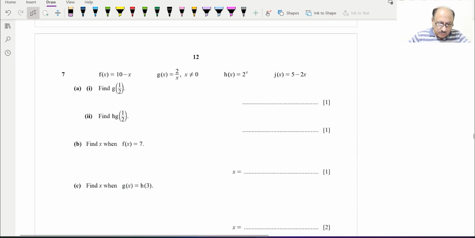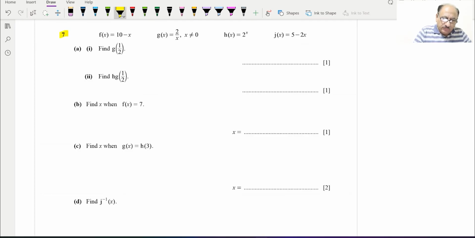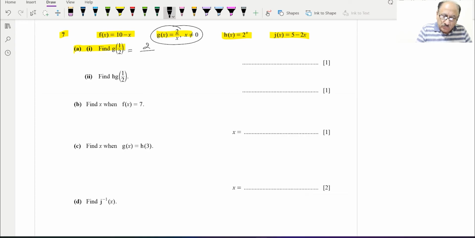Hopefully you understood this. Question number 7, functions question. f of x, g of x, h of x are defined. Part a, find g of 1 by 2. We will replace in this. So g of 1 by 2 is equal to 2 over 1 by 2, which is equal to 4.